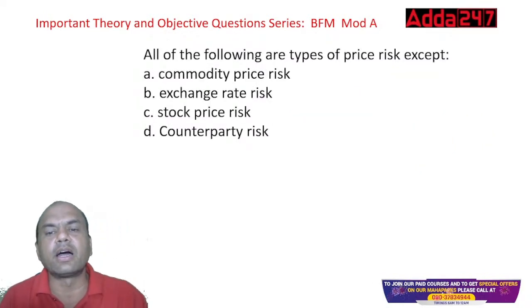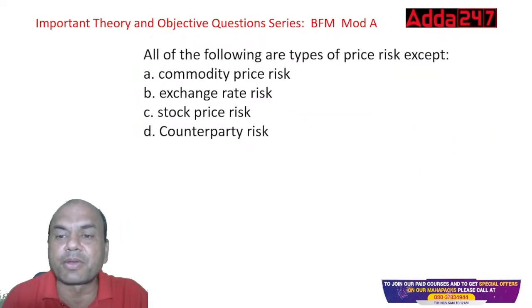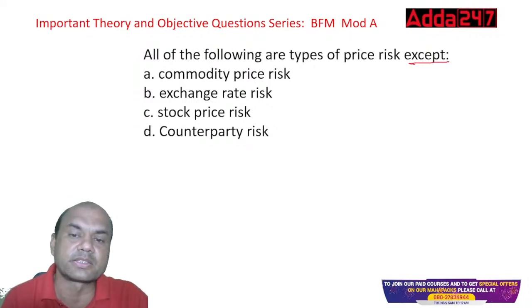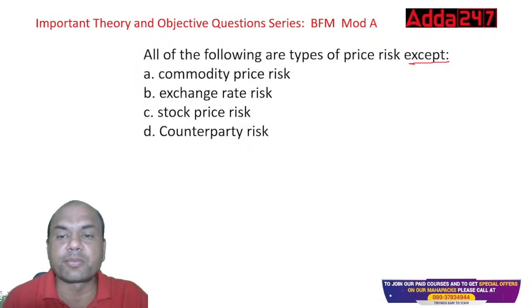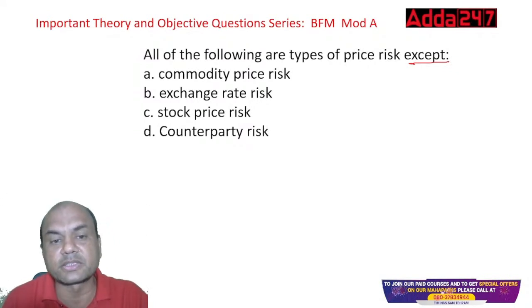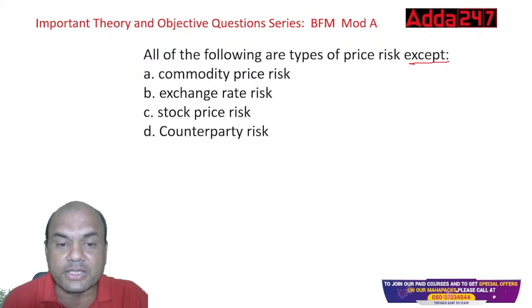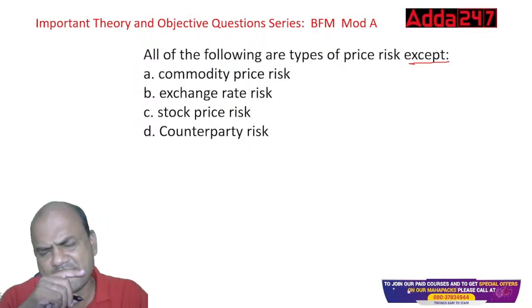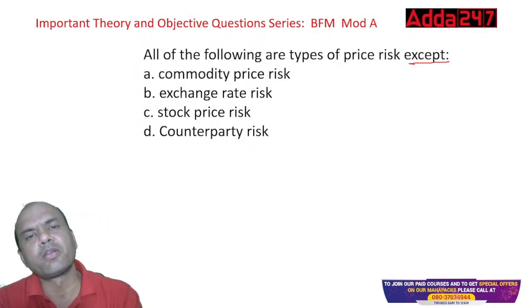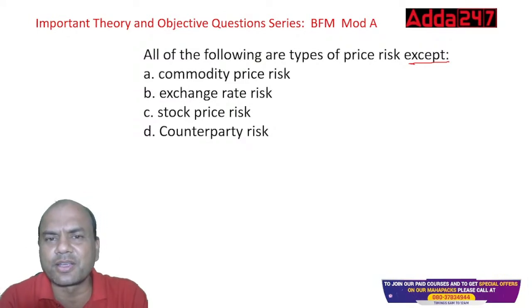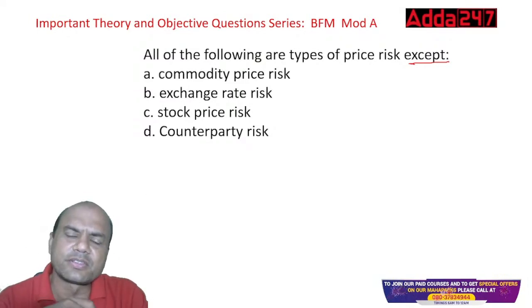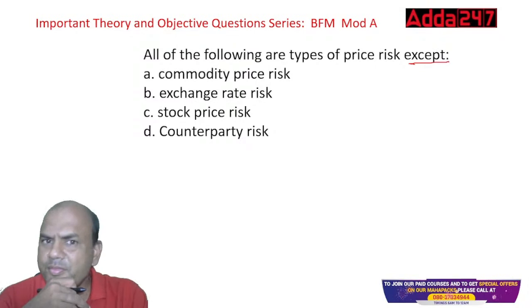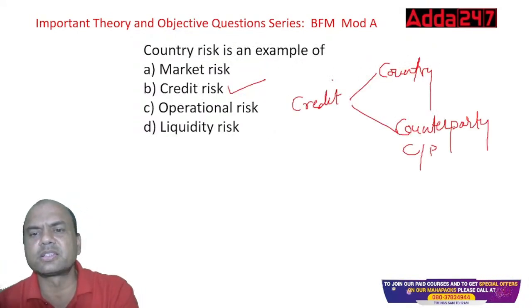All of the following are types of price risk except, now again except means not, which is not a type of price risk. Commodity price, exchange rate, stock price, counterparty risk. Just now I gave you this.